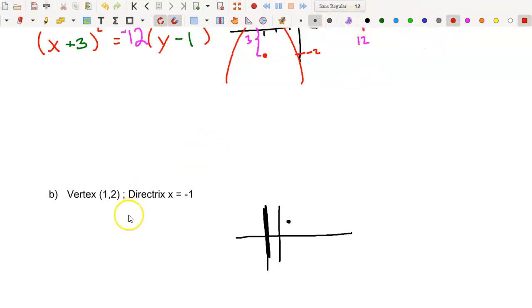So what direction is this opening? What direction is it opening? To the right. So we have what? X -1 and y -2.